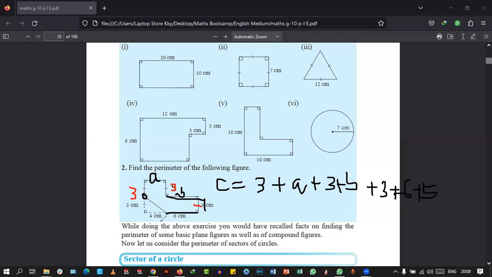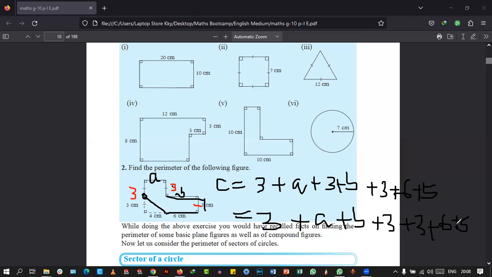I have calculated that this length is 5. Now, I have to write 3 plus a plus b plus 3 plus 3 plus 6 plus 5.